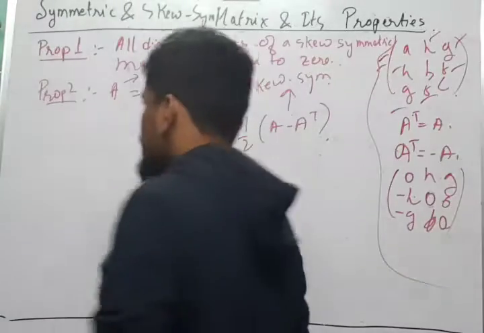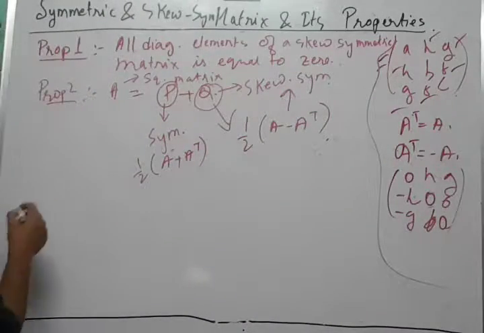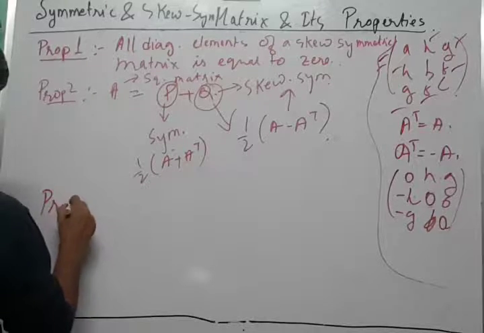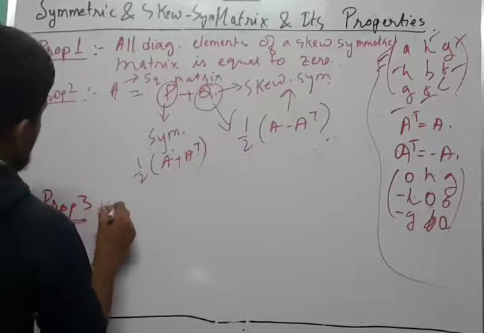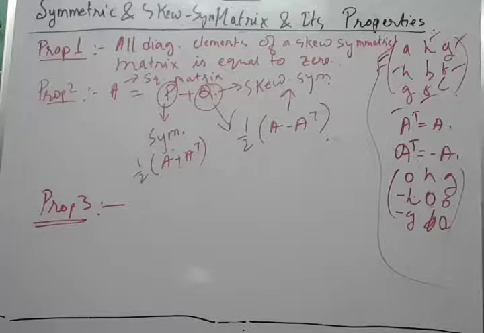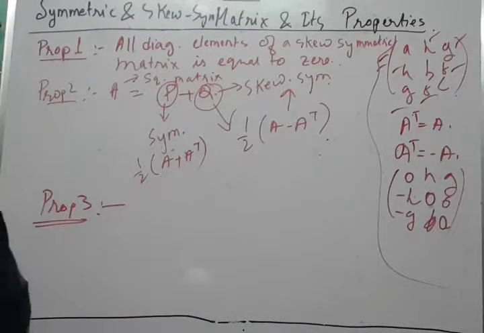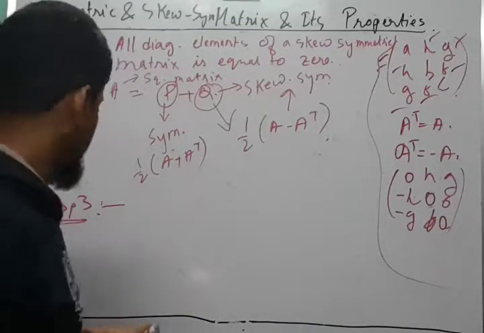The next property that we'll be talking about is property 3. In property 3, suppose A is a square matrix.